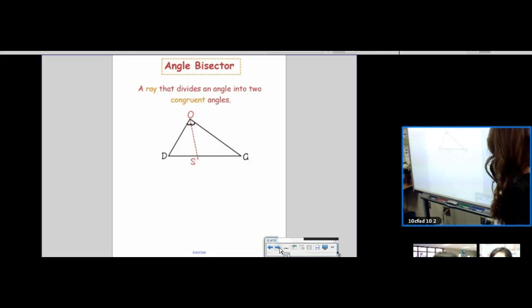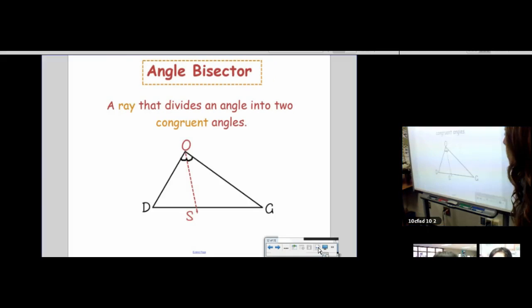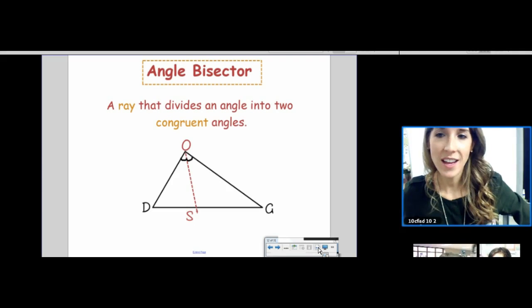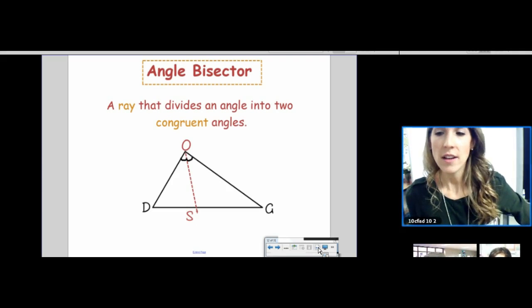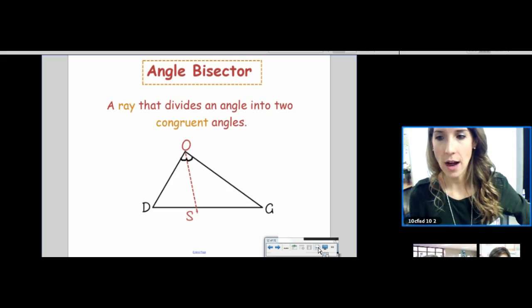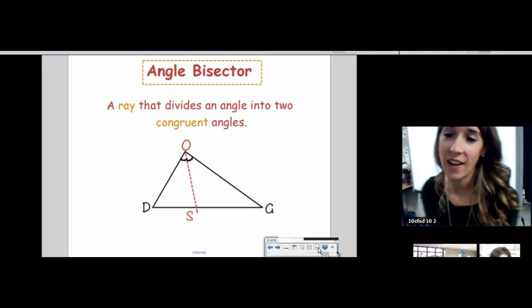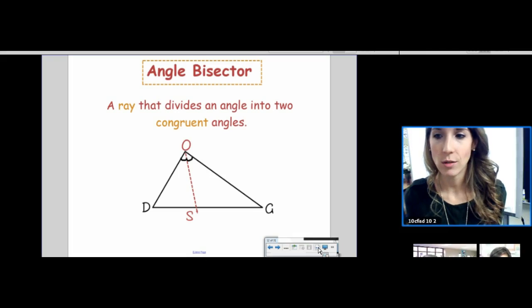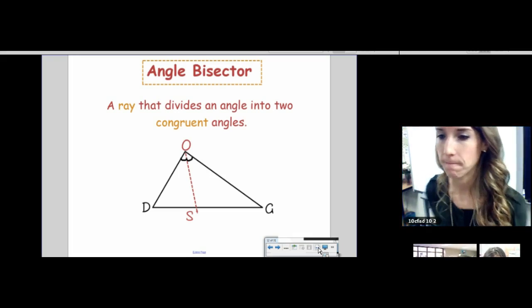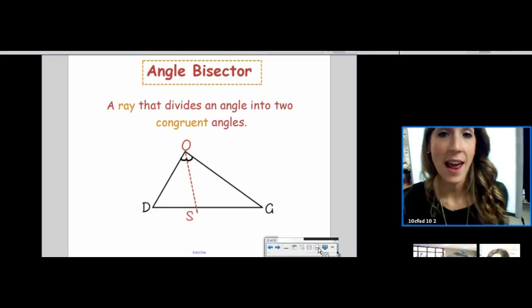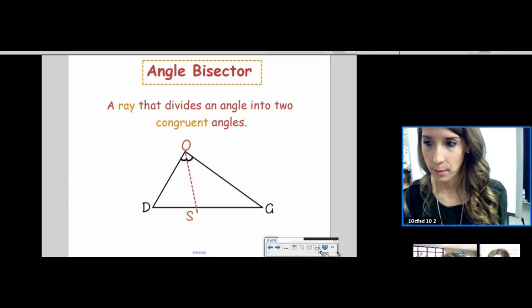All right. Next word, angle bisector. Same deal. We've talked about angle bisectors, but we were talking about it in the context of just angles. Now we're going to talk about it in the context of a triangle. Nothing too exciting happens. It simply divides one of the angles into two congruent angles. So every time you see angle bisector, you add arcs to your picture.